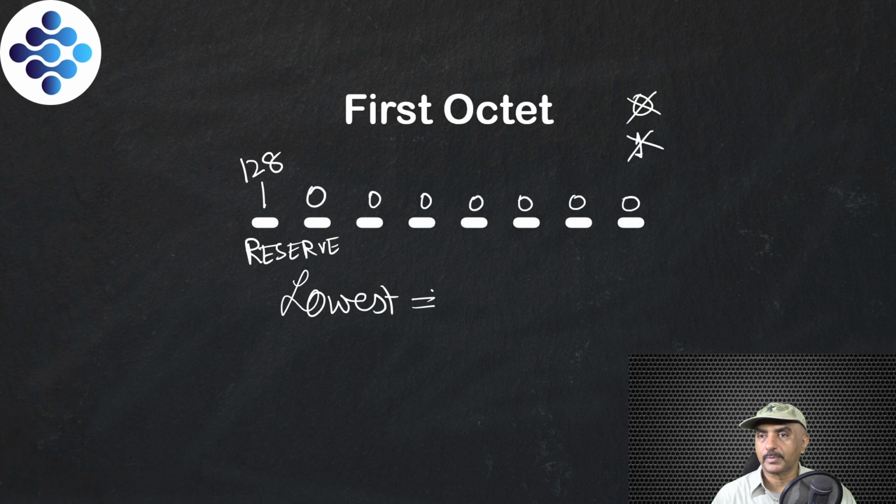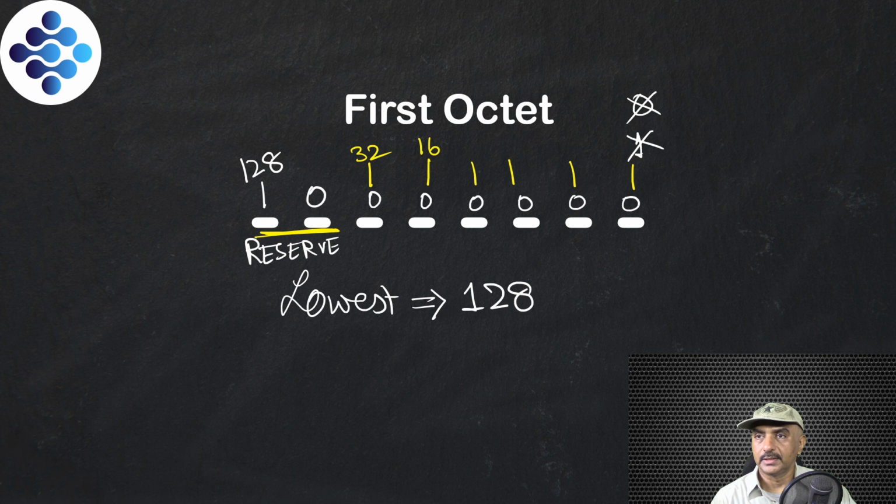So our lowest possible number would be 128. And putting the highest possible number for this, we'll put 1, 1, 1, 1, 1, 1, right? These are reserved, so we can't change it. So this would be 32, 16, 8, 4, 2, 1.